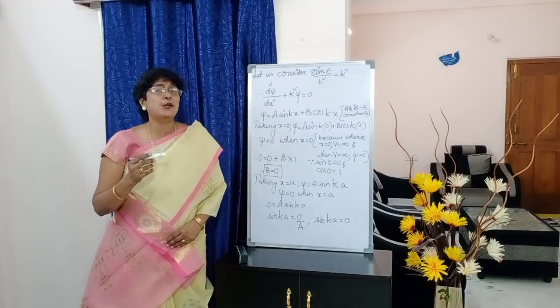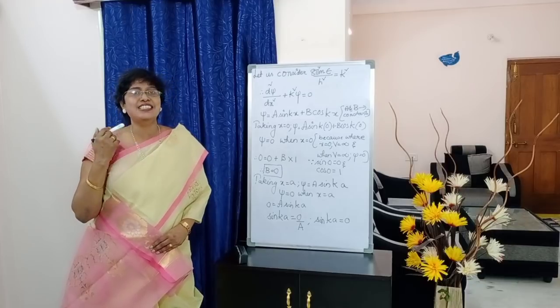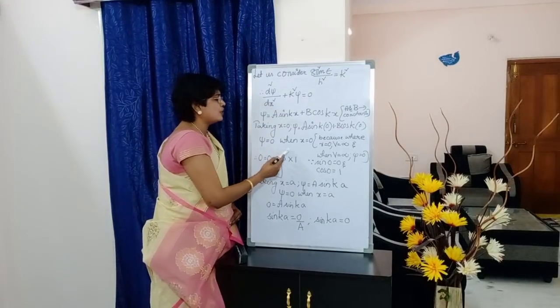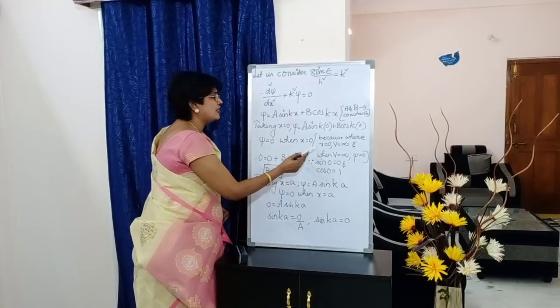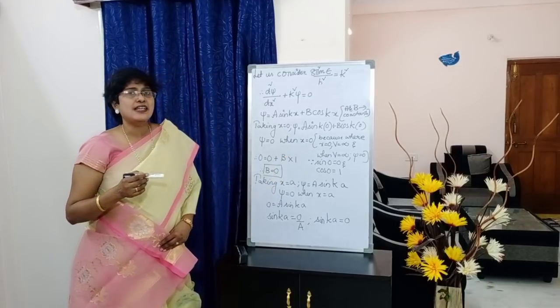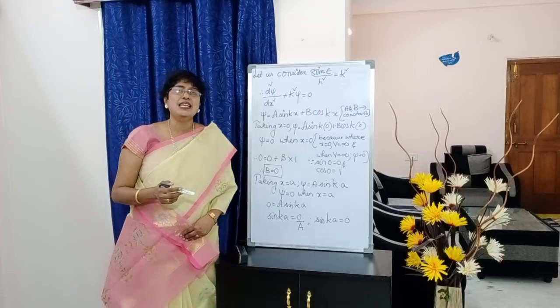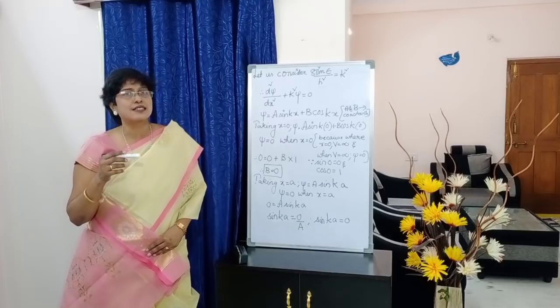Case 1 we proved that when v is infinity, psi value is 0. Do you remember that? Yes. So psi is equal to 0 when x is equal to 0. For your information you write down in the brackets: where x is equal to 0, v is equal to infinity, and when v is equal to infinity, psi value is 0.